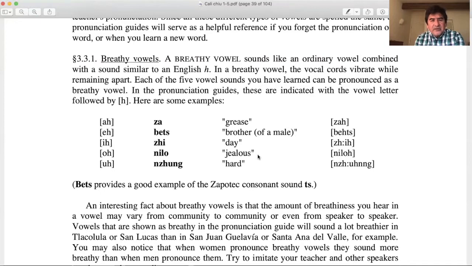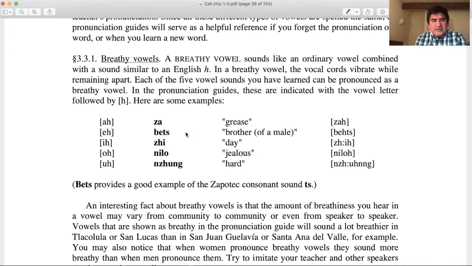I hope you can hear the breathy sound on the next word. For the brother of a female, it is bets. On the pronunciation guide, in the last column, where my cursor is, that's the whole word. Again, just listen to the word: bets.